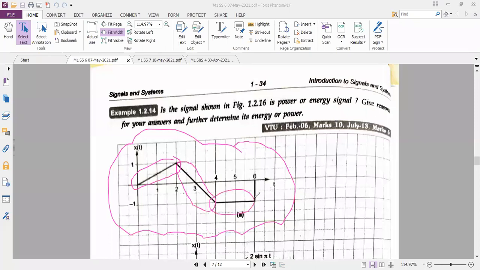Check whether the same problem is solved or we have solved a different problem. I don't remember. Is the same problem solved or different?